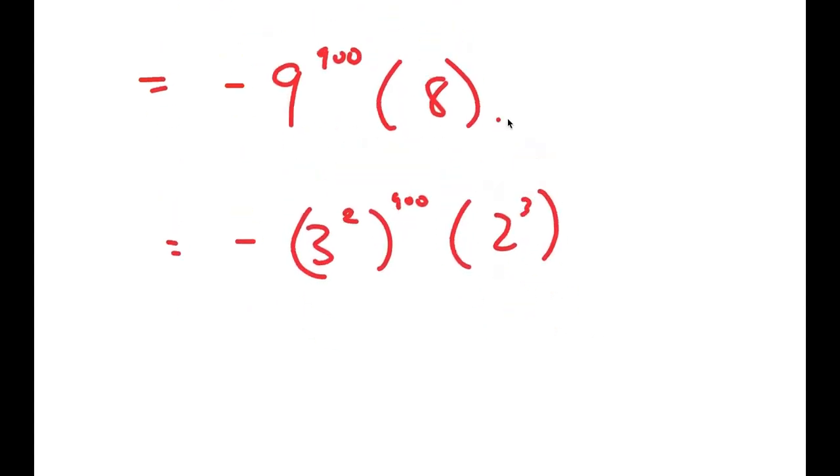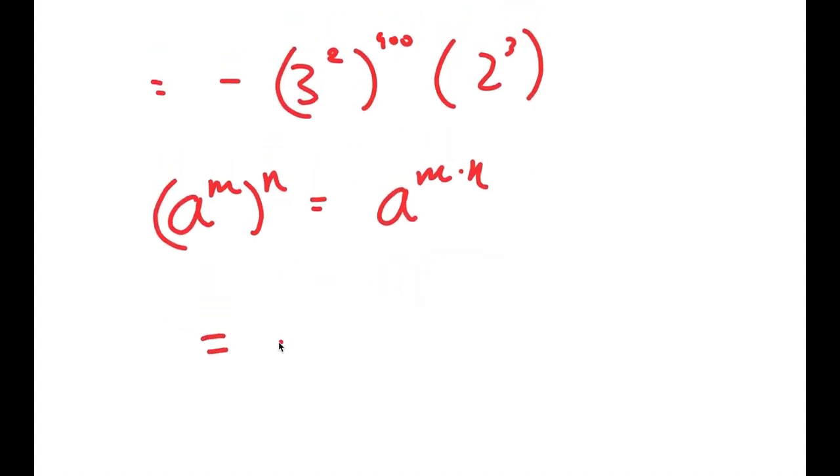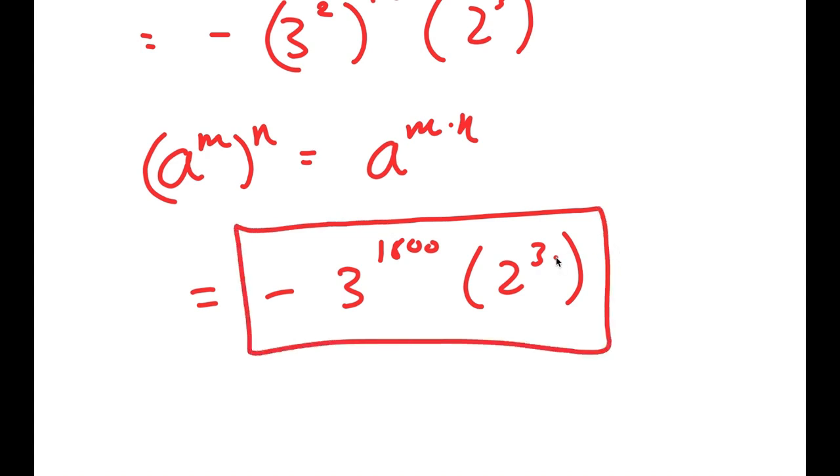We're simplifying these terms as much as possible. So I'm going to use a quick exponential property that states that a to the power of m to the power of n is equal to a to the power of m times n. So 3 to the power of 2 to the power of 900 becomes 3 to the power of 1800. So I get negative 3 to the power of 1800 times 2 to the power of 3. So this is my final solution to this equation.